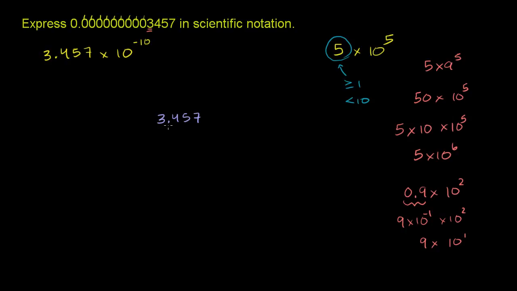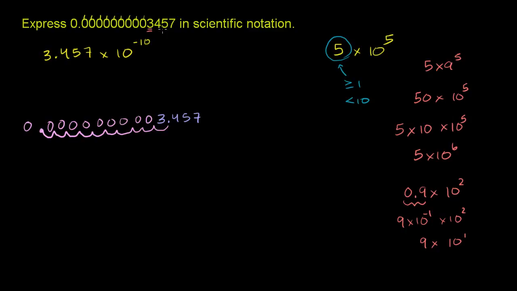If you shift it once, twice, 3, 4, 5, 6, 7, 8, 9, 10. And of course, you can't just leave open space here. There's going to be zeros there when you shift it. So you're going to have 1, 2, 3, 4, 5, 6, 7, 8, 9 zeros. And you can put a 0 out here just to make sure that you understand that there's a 0 in front of that decimal.